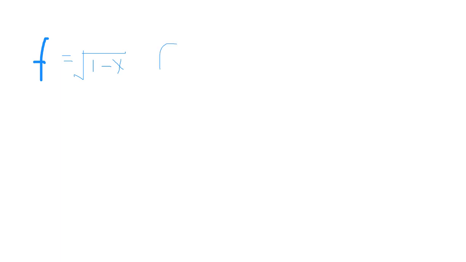So let's find the derivative. The derivative equals the half, then, so this is 1 minus x raised to the half. So we get a half minus 1, which is a negative half. So we get 1 over 2 times the square root of 1 minus x.